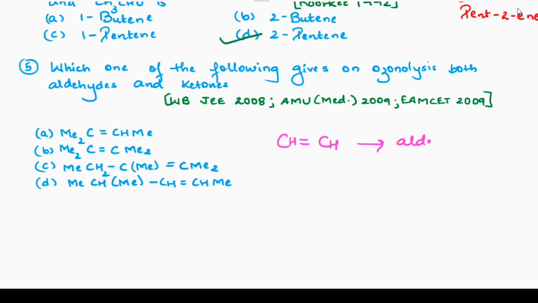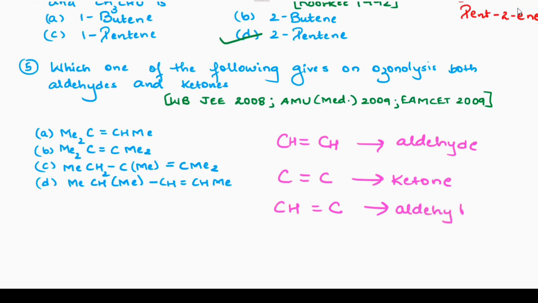If both carbons do not have any hydrogen, it will give a ketone. If one of the carbons contains hydrogen and the second carbon does not contain any hydrogen, then it will give a mixture of aldehyde and ketone.